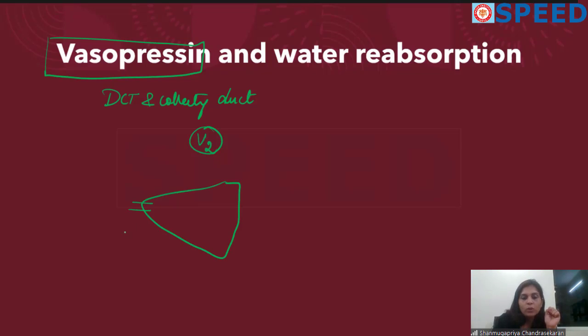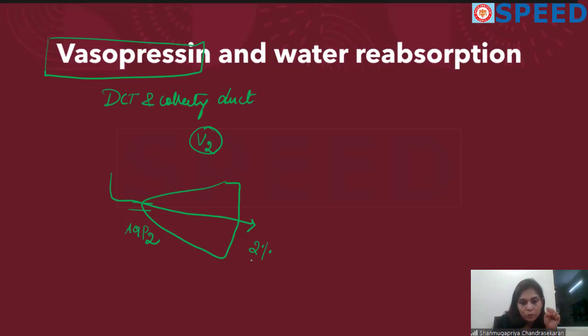It causes upregulation of aquaporin 2 channels along the apical side of the late DCT and collecting ducts.